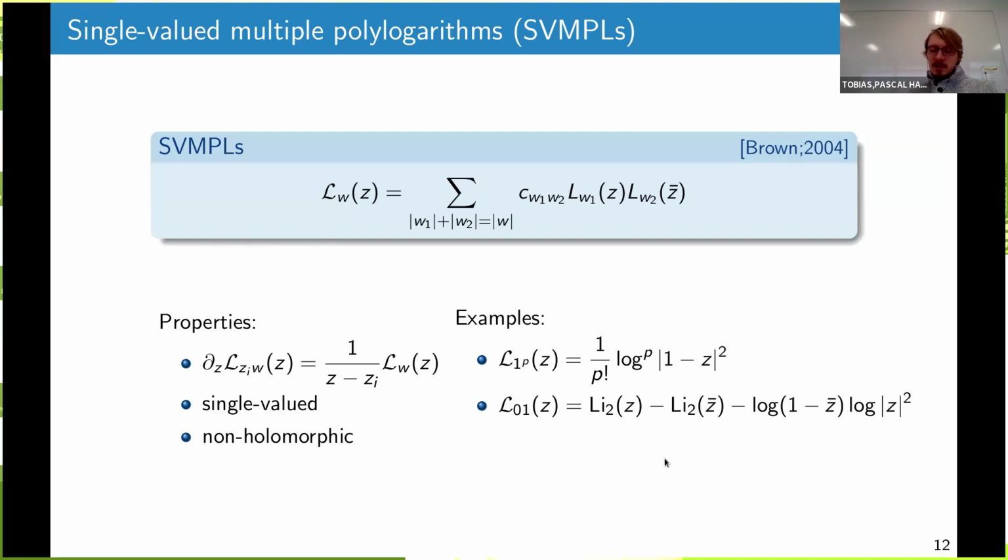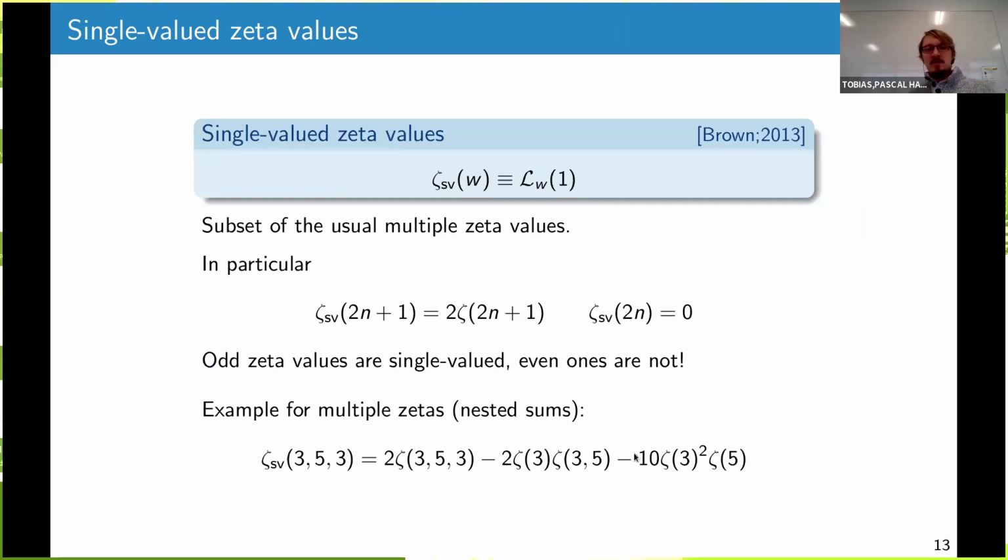Okay, now we can come back to multiple zeta values. We define the single-valued multiple zeta values as the single-valued polylogs evaluated at 1. These form a subset of the usual multiple zeta values. In particular, if you do this for an odd zeta value, you just get 2 times the usual zeta value.